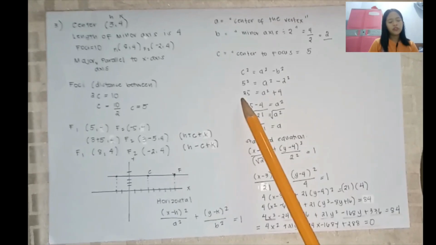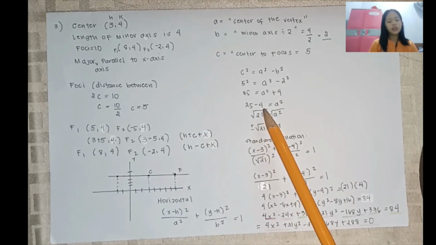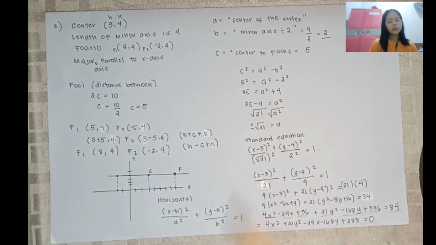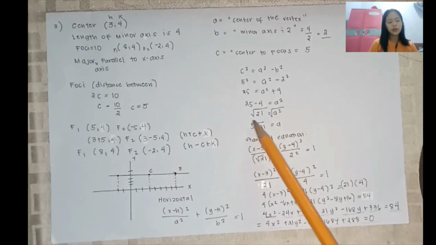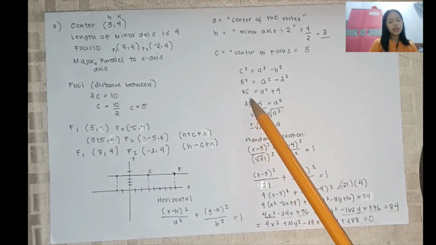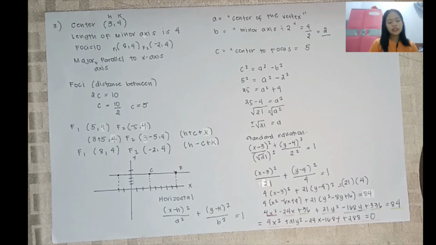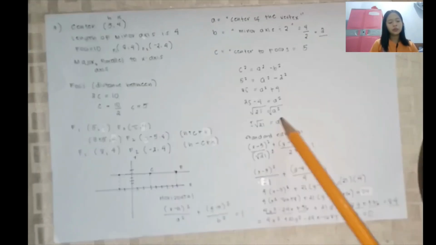We transpose the 4, so it becomes negative 4. So 25 minus 4 is 21, which is equal to a squared. Taking the square root of both sides to remove the square of a, a is equal to positive or negative square root of 21.